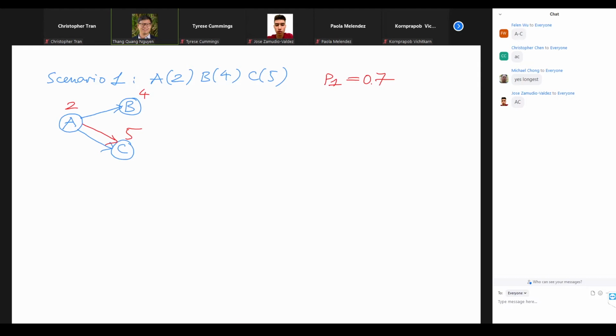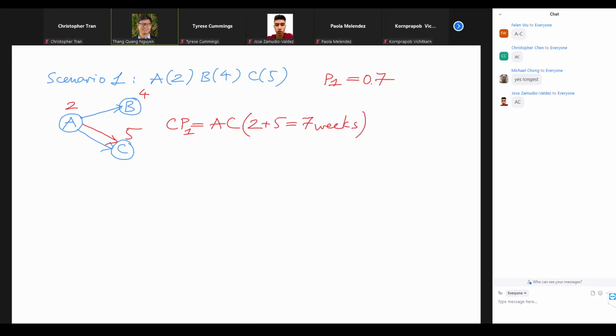So our critical path in this first scenario is going to be AC. AB is 6 weeks, AC is 7 weeks, so AC is the critical path. AC is 2 plus 5 weeks equals 7 weeks. All right, so that's the first scenario.